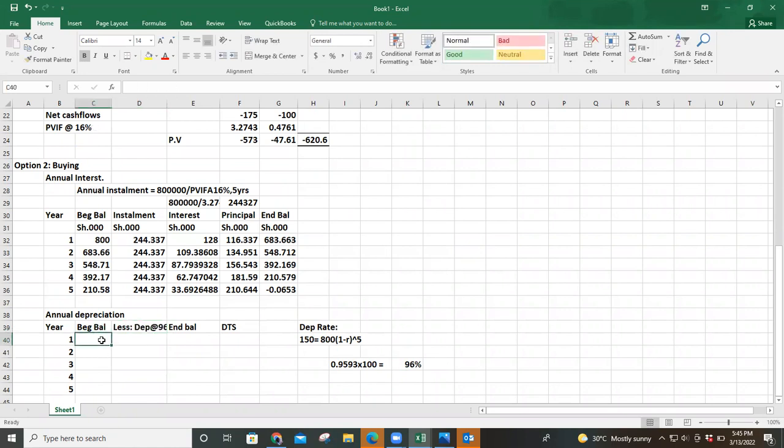As we start our first year, our balance is 800. We less the depreciation, which equals 96% of the beginning balance.